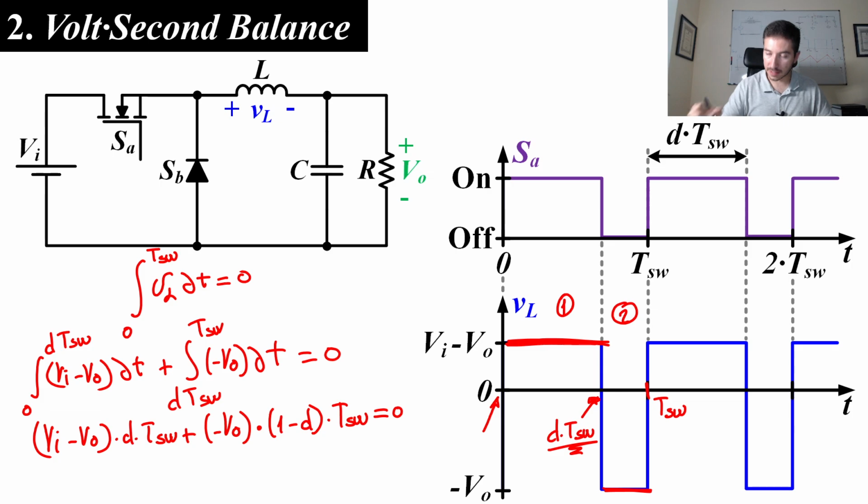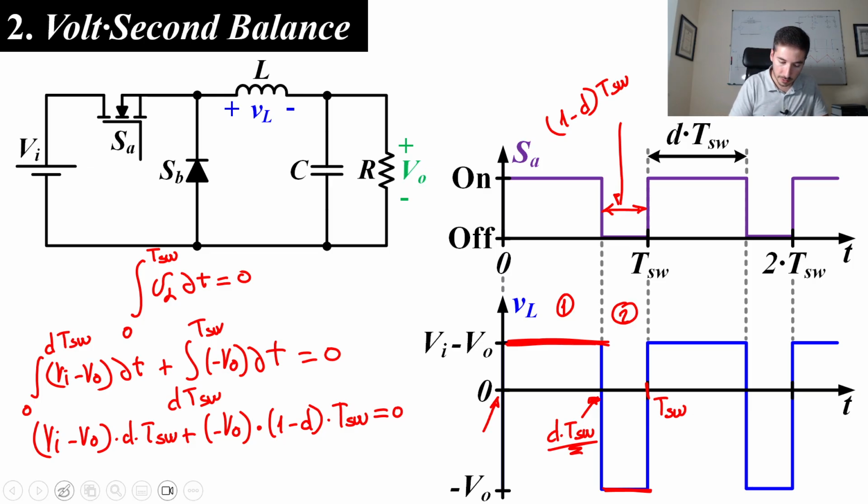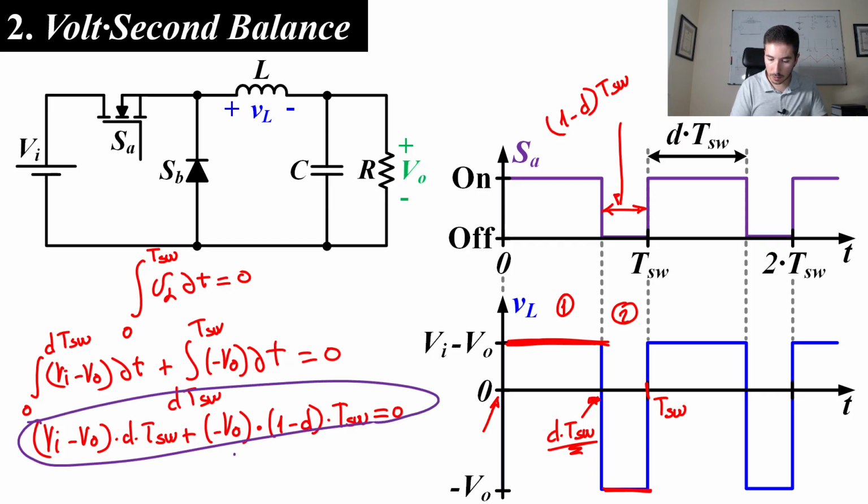Note that the length of interval 2, or state 2, is 1 minus D times T switch, because interval 1 is from 0 to D T switch, and interval 2 is from D T switch to T switch. If we solve this expression, we obtain the final expression of the output voltage. Vo is equal to D times Vi, which is the same expression that we obtained in the previous video.